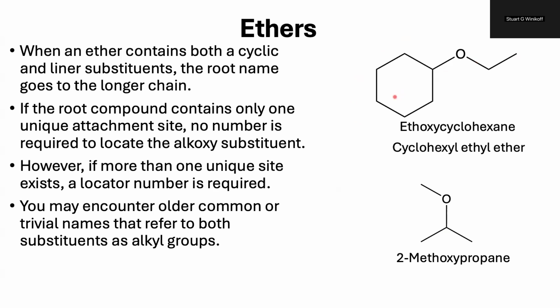Or in the second case, we have a methyl group, and then an even older name, the isopropyl group. So this would be an ethyl isopropyl ether. I want you to be familiar with this nomenclature, not because I intend to use it, but because you will likely encounter it in the real world.